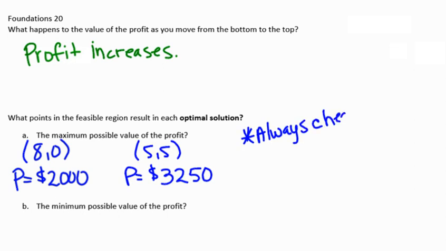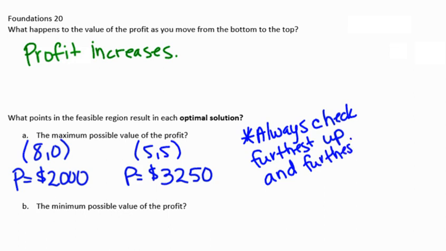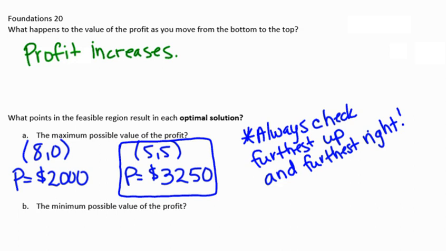Always check furthest up and furthest to the right. So our maximum out of these two so far is 5 and 5, which is $3,250.